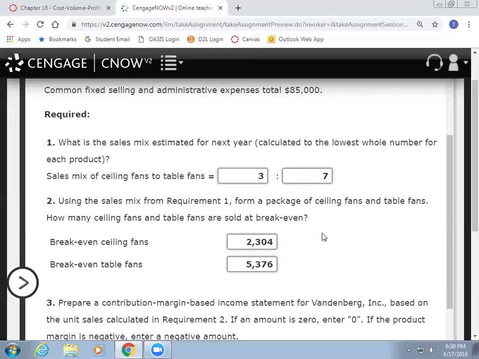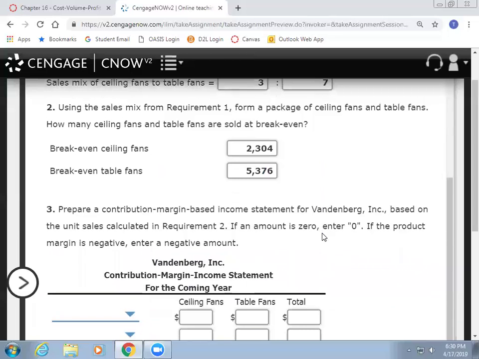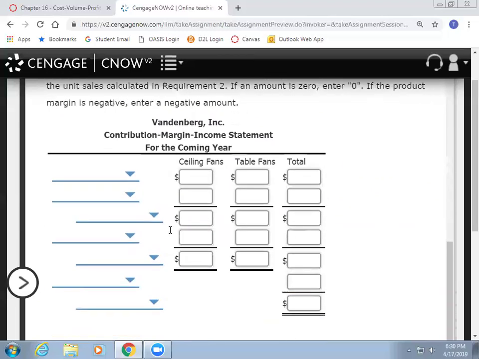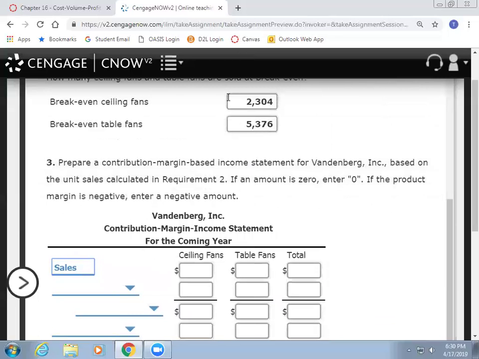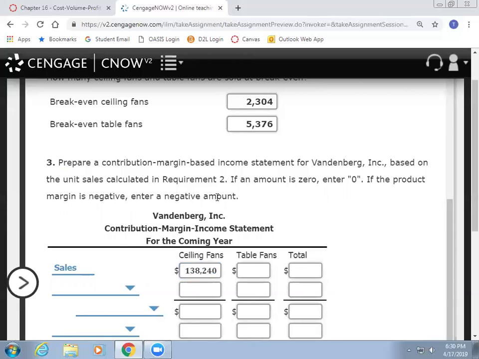Once we have the break even, part 3 wants us to prepare a contribution margin based income statement based on the unit sales calculated in requirement 2. Again, we're starting with sales, going off break even. For ceiling fan sales, 2,304 units at a price of $60 gives sales of $138,240.